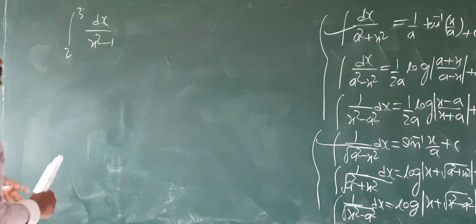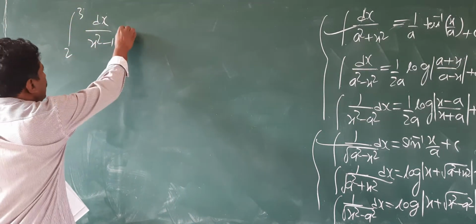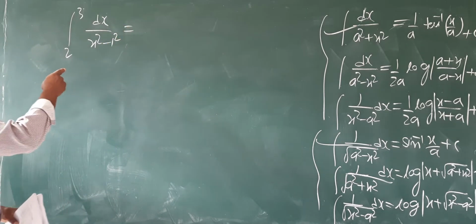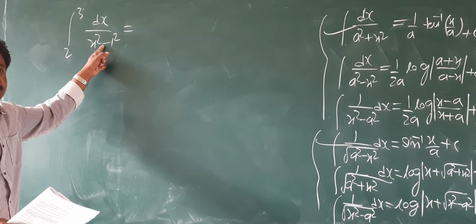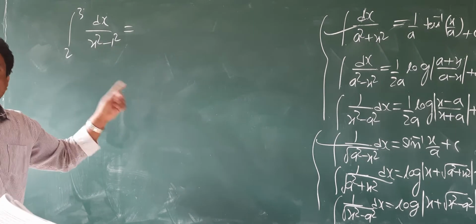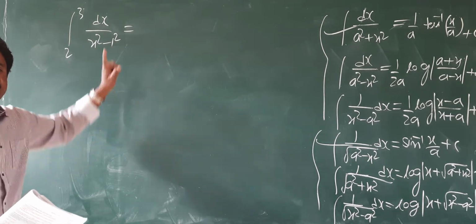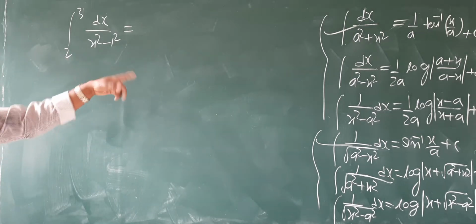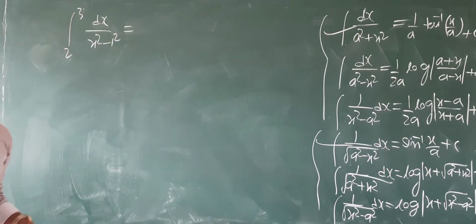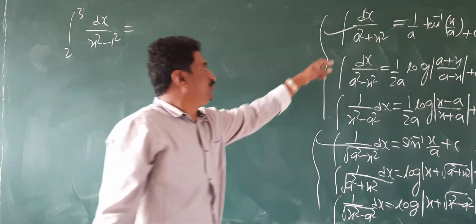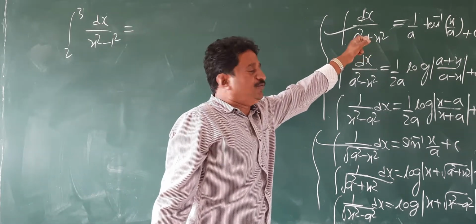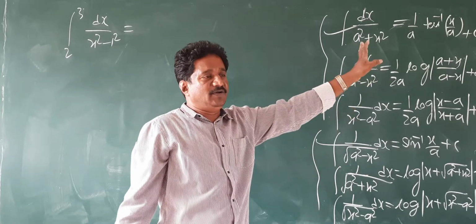Now you apply for this. Write 1 as 1 square. We don't have a root. No root means it should be 1 by a tan inverse or 1 by 2a log. Is it 1 by a tan inverse? No, we don't have plus. When it is 1 by a tan inverse, there must be a plus; if no plus, then 1 by 2a log.